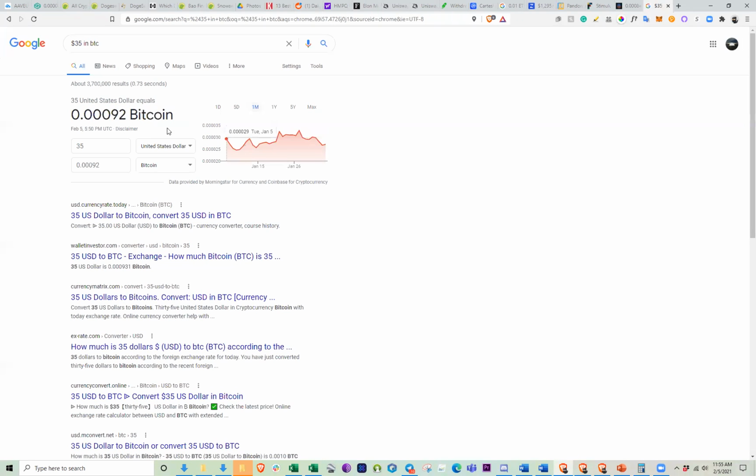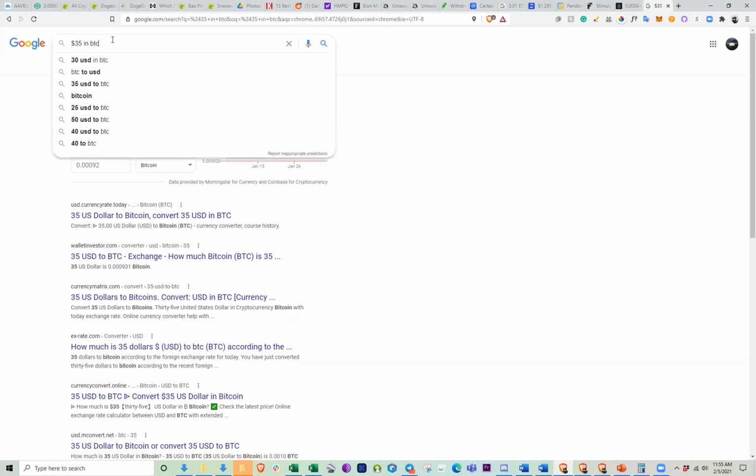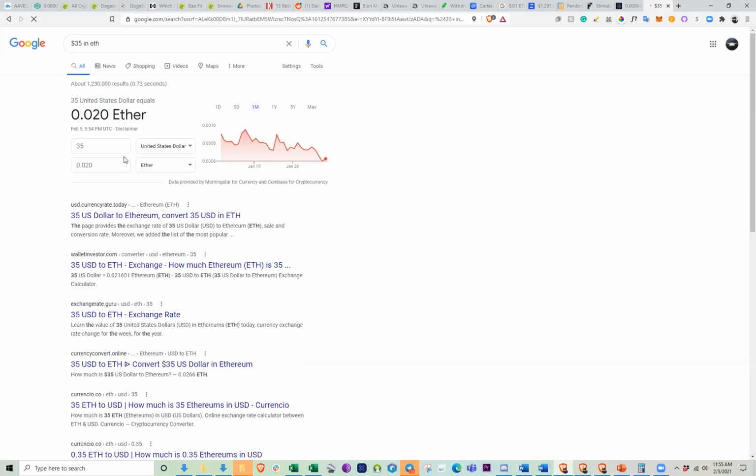So all I do is $35 was the price that I entered at for this particular coin. I want to sell it for Bitcoin, or maybe I want to sell this for Ethereum. Let's sell this for Ethereum because I want to get more Ethereum. So I technically bought in at 0.02 for Ethereum. Okay.